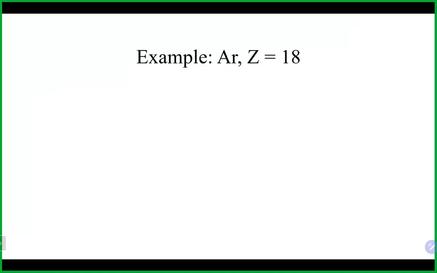So why don't you write the electron configuration for argon and see what you come up with. Argon's 18. Okay, so let's take a look. Since it has 18 electrons to match its protons, we're going to start up here.